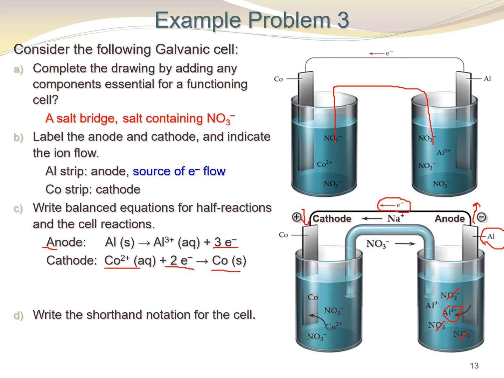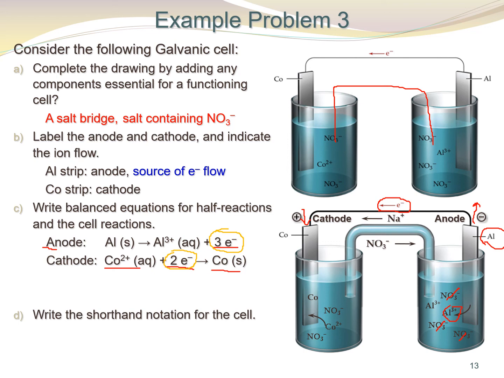Okay, after we write up those two half equations, we realize that we have 2 electrons in one half reaction, 3 electrons in the other half reaction. That means we cannot just simply add these 2 half reactions together.